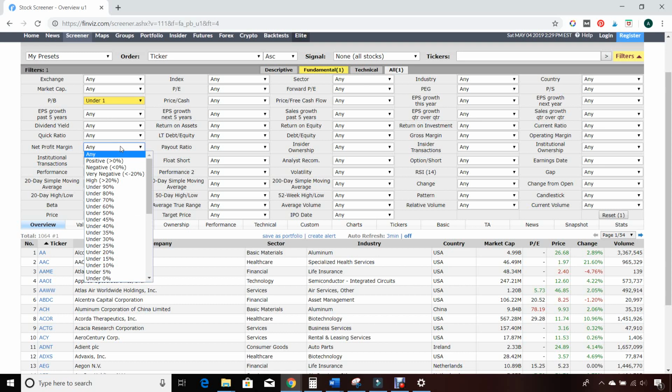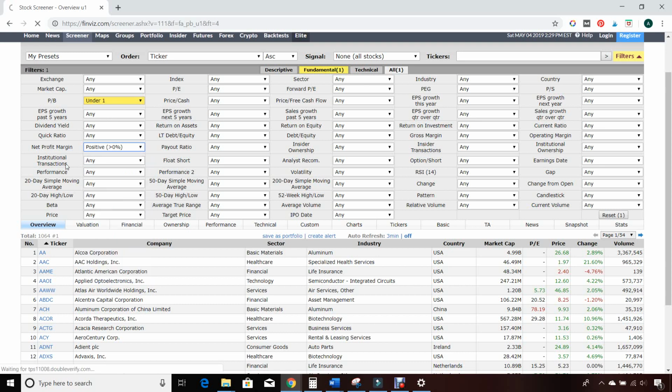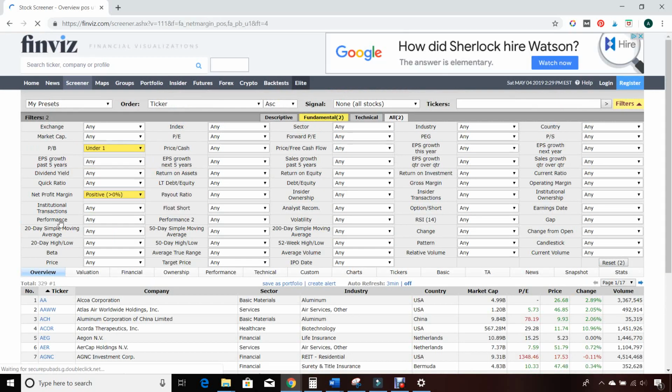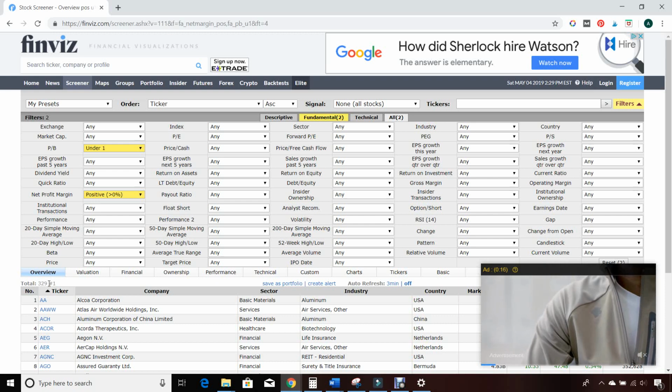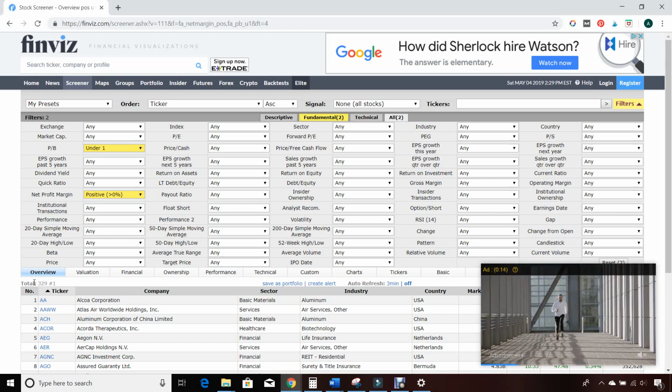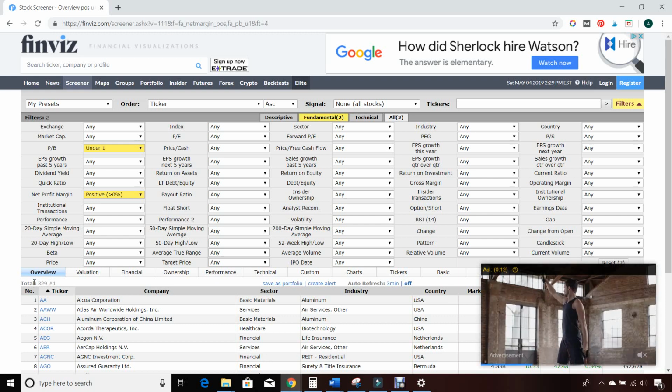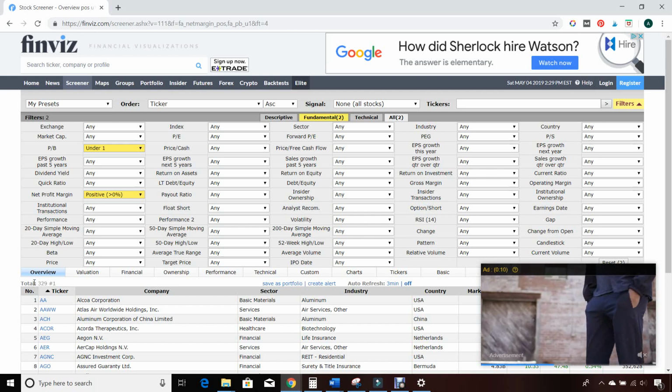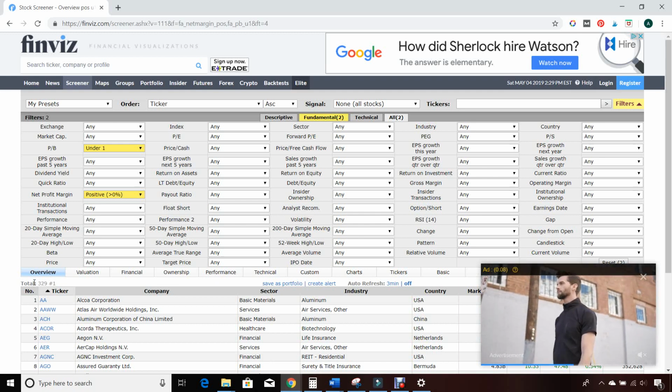So one thing that I like to do is just select positive net profit margin. As you can see, in the prior results there were over 1,000 companies that met our criteria, and now there are only 327 that meet this criteria. So we basically eliminated all the companies that are not profitable.